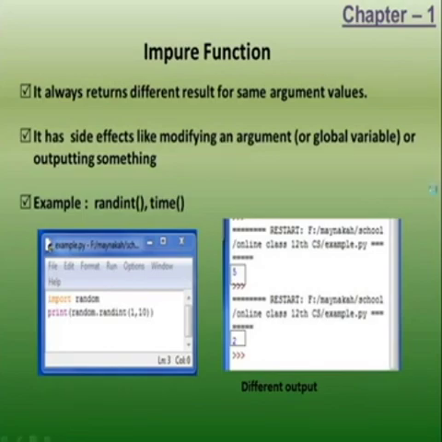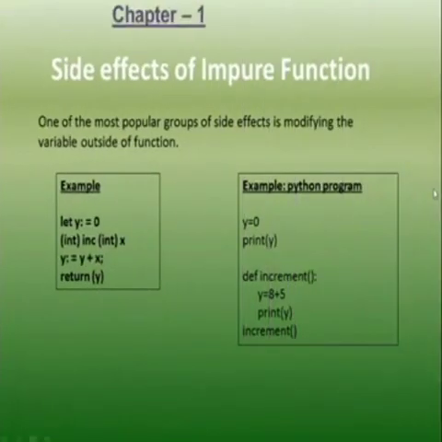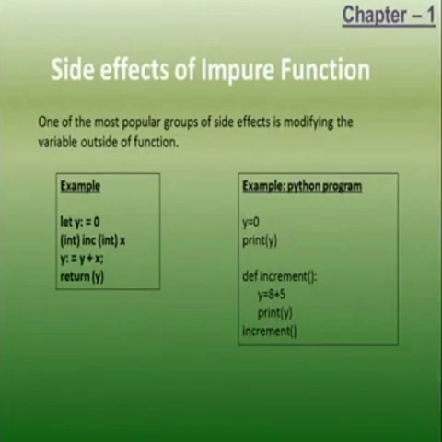Next, see another aspect of impure function, that is side effects. One of the most popular kinds of side effects is modifying a variable outside of the function. I hope you have learned the scope of the variables. That means the variable inside a function, outside the function, local variable, global variable. We will see this in detail. It is also in Python. Now have a look.